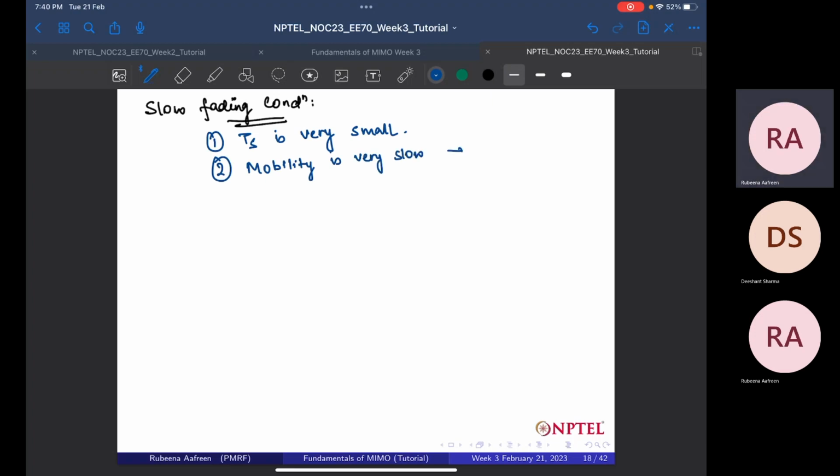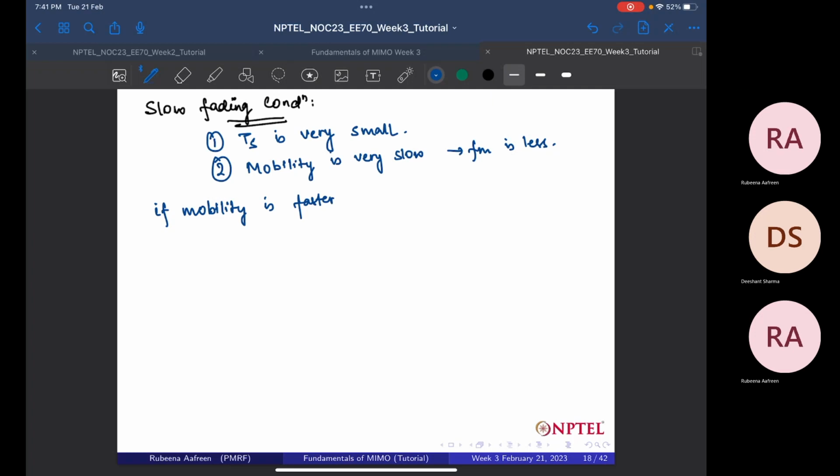If mobility is slow, then Fm is less. So if Fm is less, Tc will be greater. Similarly, if mobility is faster, what will happen? Fm will increase.